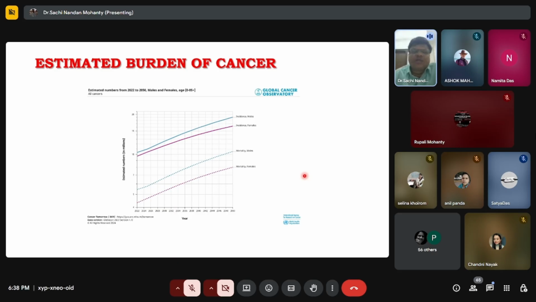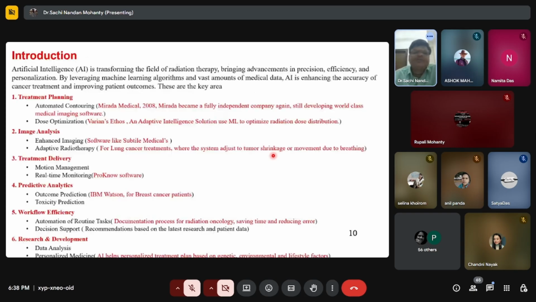So these are the mortality figures for males, estimated in millions. Like the incidence in male and female, female mortality will be less and male mortality a little bit higher. This is the estimate from 2022 to 2050 for males and females over the age range starting from 0 to 85 years.